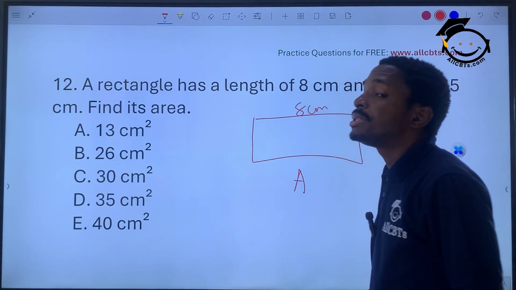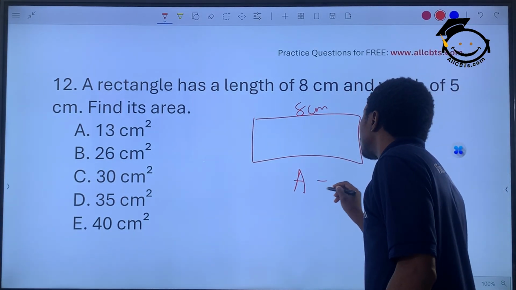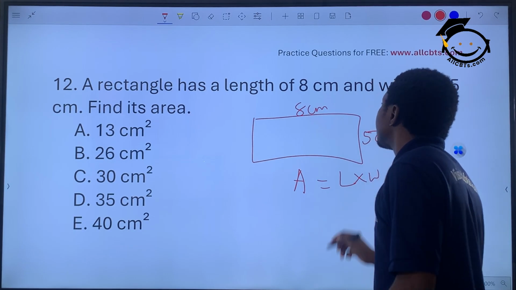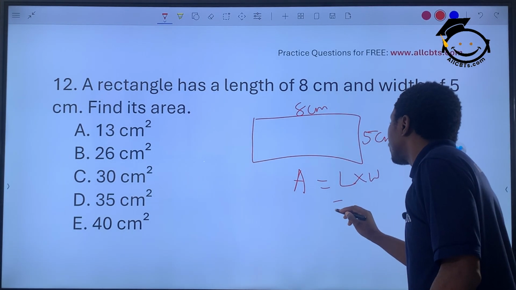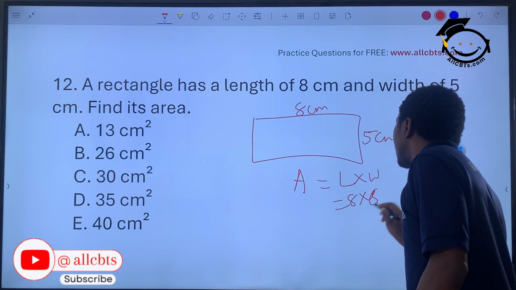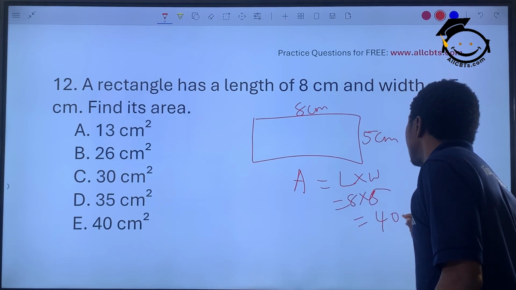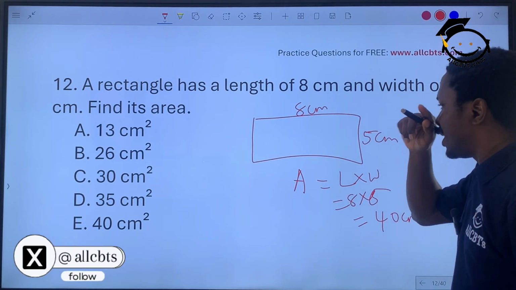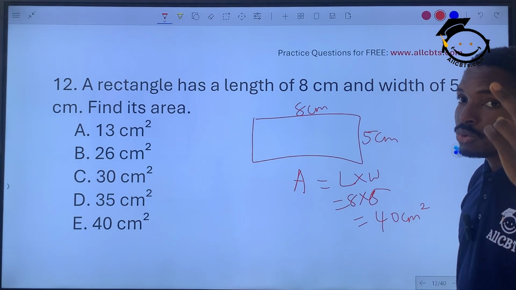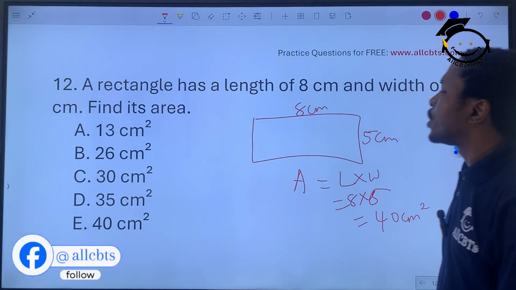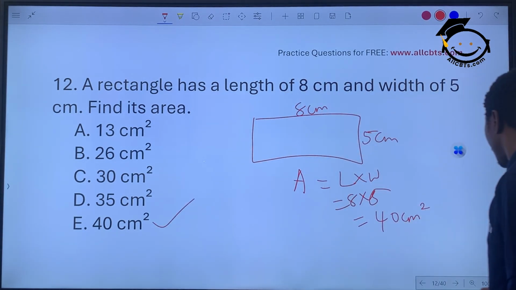Let's denote area by A. Area is equal to what? Length times width, or length times breadth. So 8 times 5 will give you what? That will give you 40 centimeters squared. Why? Because centimeter multiplied by centimeter gives you centimeter raised to power 2. So this is your answer.